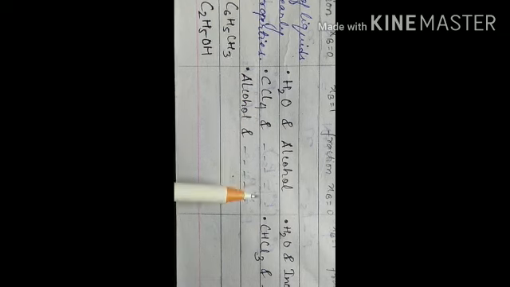Carbon tetrachloride with anything and solution of alcohol with anything will show a positive deviation from Raoult's law. Examples of solutions showing negative deviation are water and any inorganic acid, and CHCl3 and its solution with anything else. That's all for today.